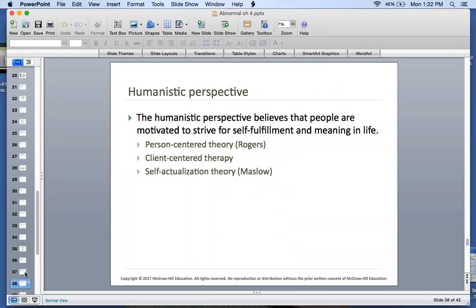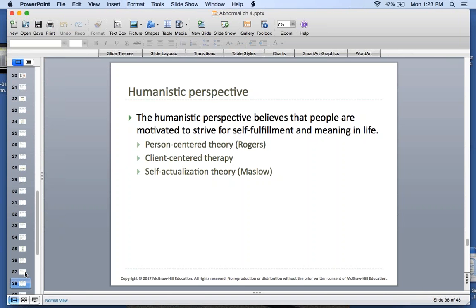Moving on. Humanistic, right? So humanistic, we have Carl Rogers and Abraham Maslow, and they were so tired of everybody speaking about people in such a negative and behavioral way that they said, hello, people are people, right? The humanistic perspective believes that people are motivated to strive to be better, to strive for self-fulfillment and meaning in life.